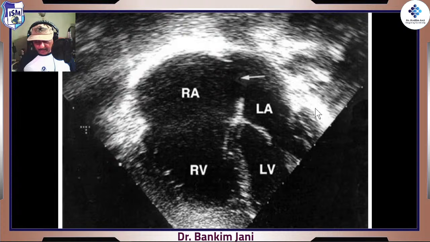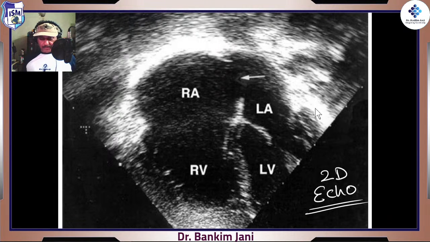Okay. This is another principle, that is echo. This is 2D echo. We'll see the 3D echo also. So this is 2D echo. Actually, this is showing us almost all the chambers, and it is very easy to figure out what's the missing part.